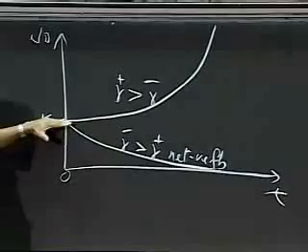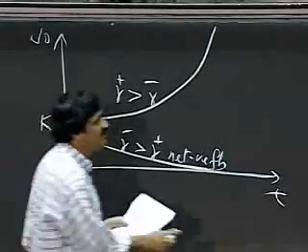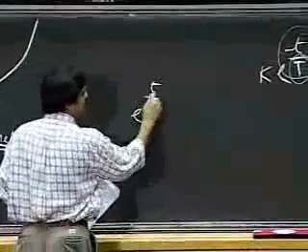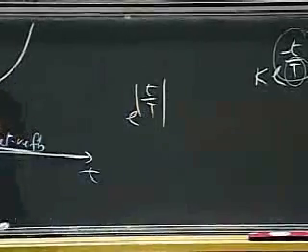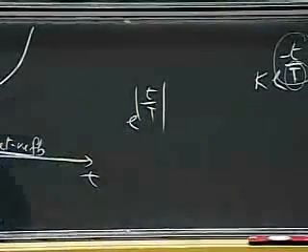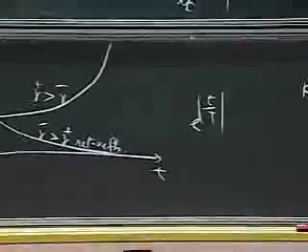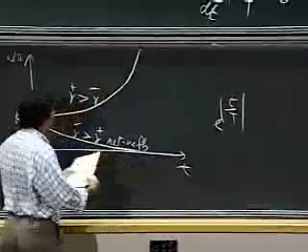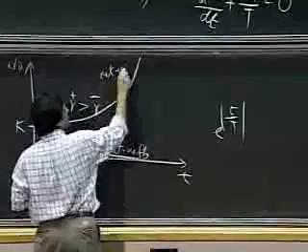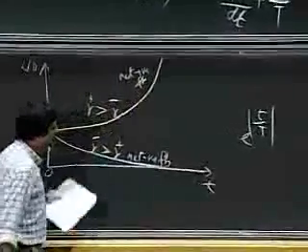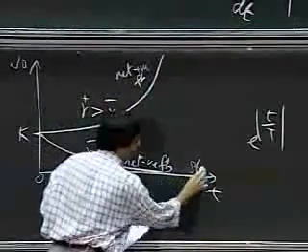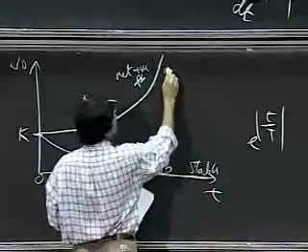I start off at 0, and I make a small perturbation, and the output should go as t divided by capital T. The dynamics of this is, it goes berserk. So it's net positive feedback. This is called a stable situation. This is unstable.